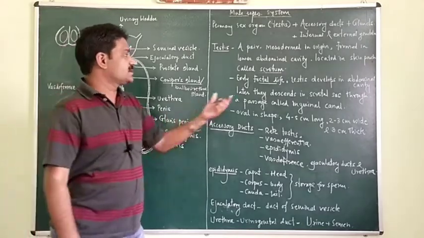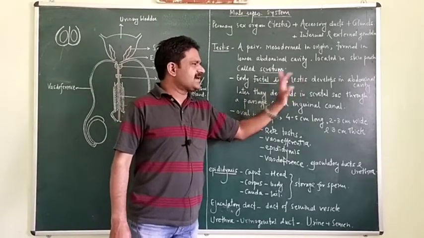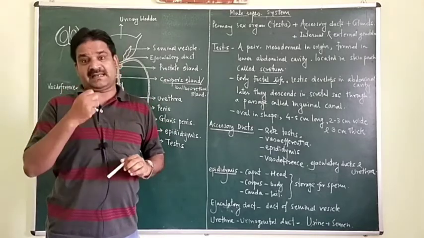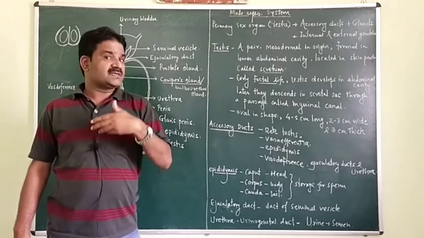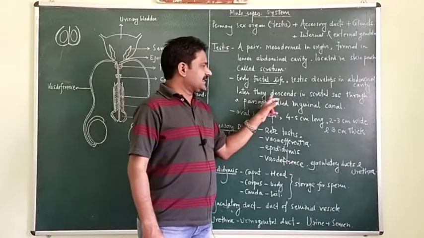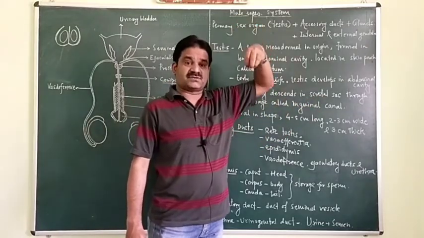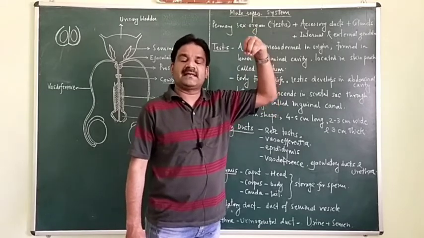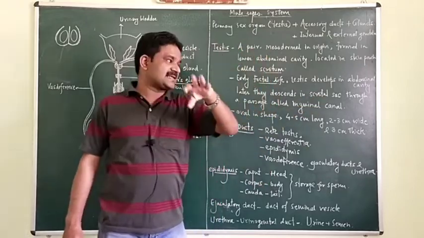When the fetus gets developed, the testis develops inside the abdominal cavity, meaning the formation of the testis happens in the abdominal cavity. And later on, after 7 months, they descend into the scrotal sac. The testes which develop in the abdominal cavity descend down into the scrotum.